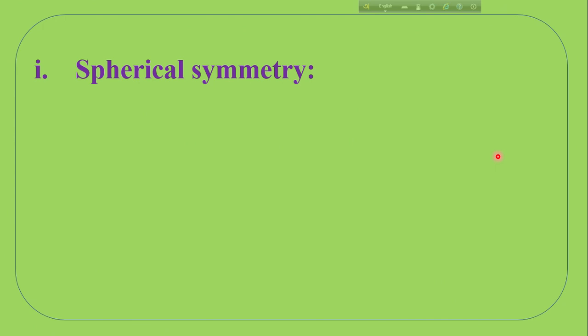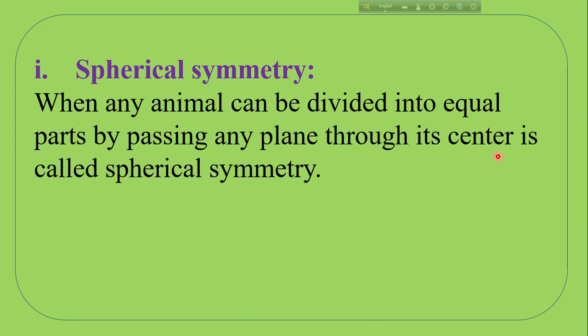Spherical symmetry. Symmetry is of 5 types here. Spherical symmetry: when any animal can be divided into equal parts by passing any plane through its center, it is called spherical symmetry.